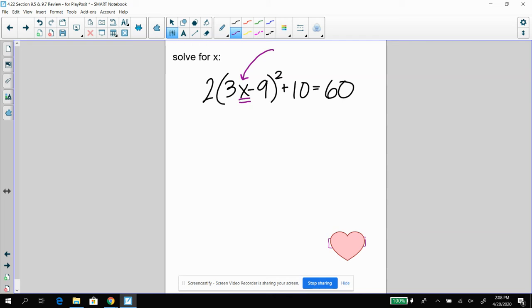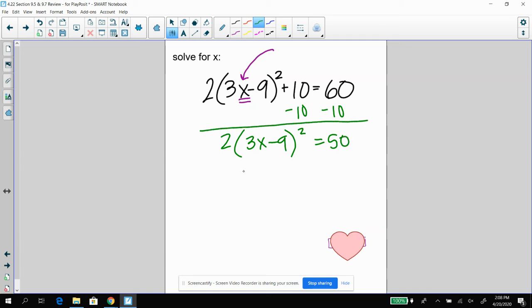All right, now hopefully the first thing you did is you subtracted 10 from both sides. So you got 2 times 3x minus 9 squared equals 50. And then you divided both sides by 2. So you got 3x minus 9 squared equals 25. And then we're still trying to get to this x, but now we've got to get rid of this squared.